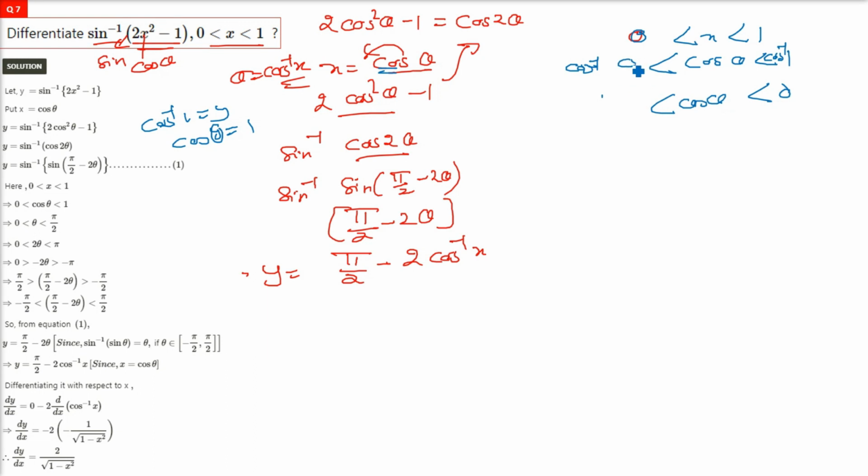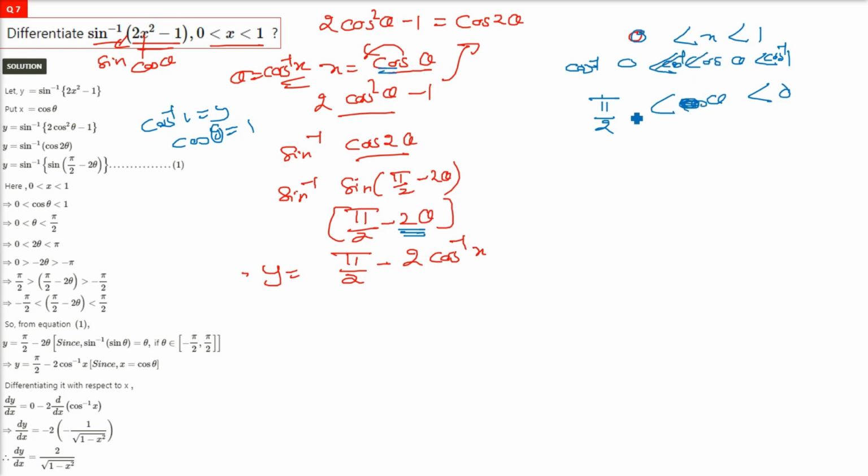So you can just replace this by 0 and pi by 2. And cos and cos inverse of course get cancelled. But we need pi by 2 minus 2 theta. This is just theta. Cos inverse gets cancelled. So you just have theta.